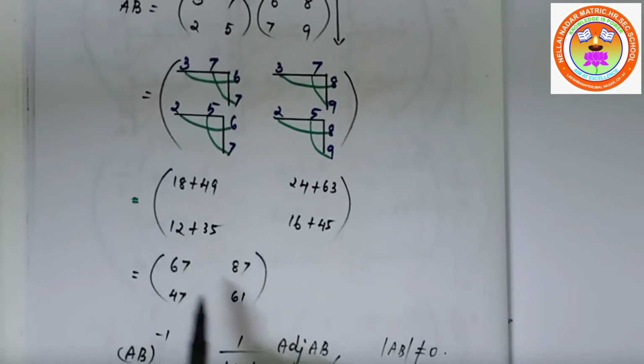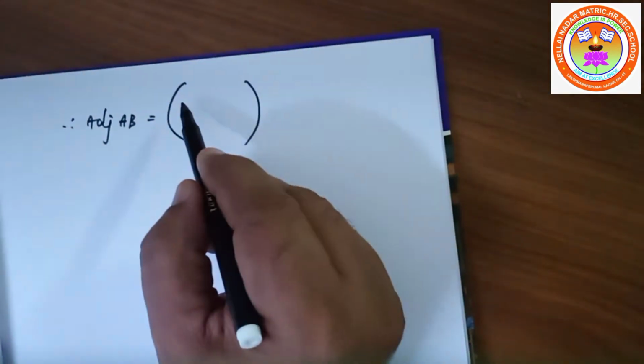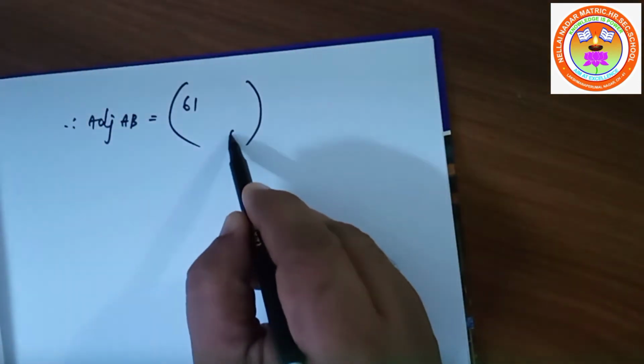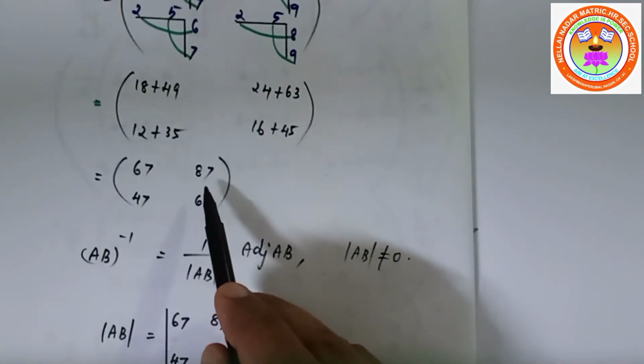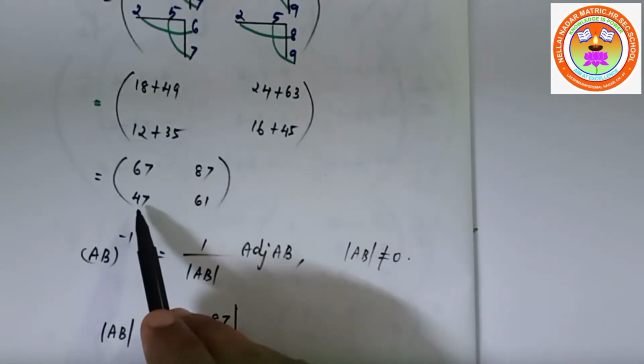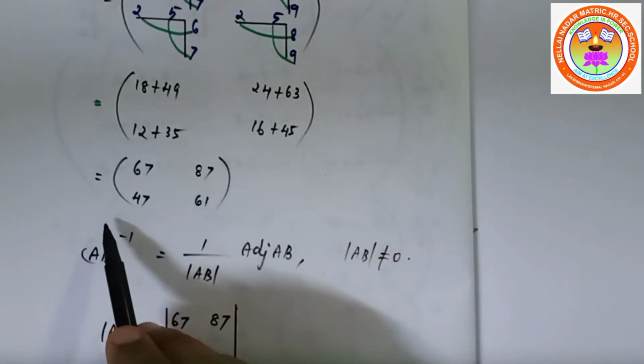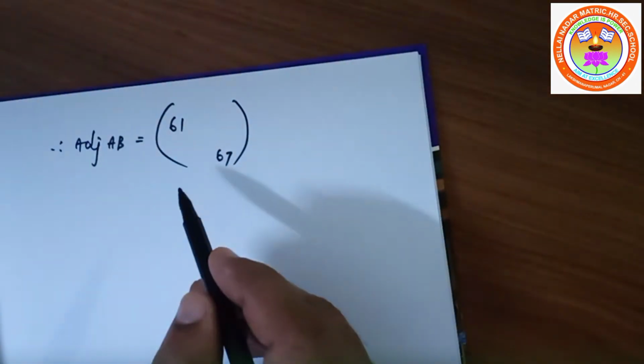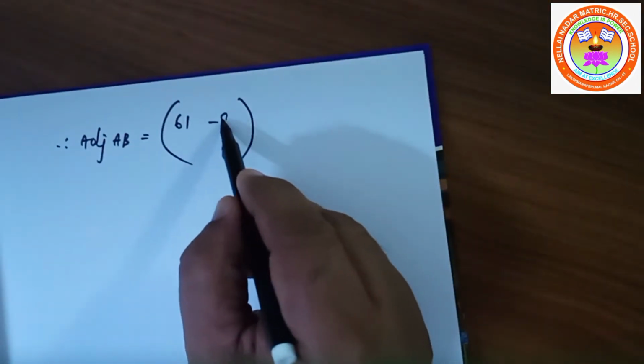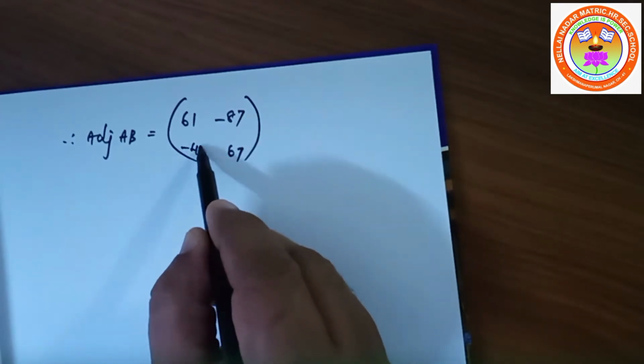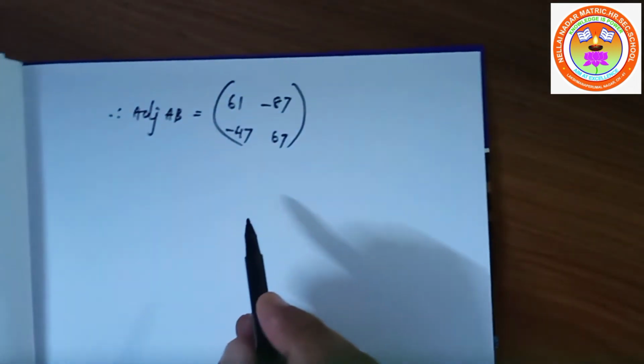Leading diagonal elements 67 and 61 become 61 and 67. For the non-leading diagonal elements, change the sign only. 87 and 47 become minus 87, minus 47. So adjoint of AB is over.